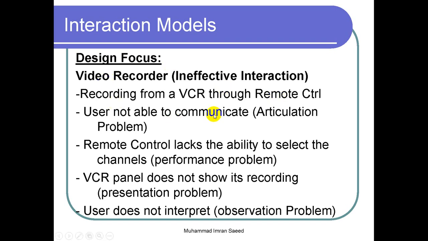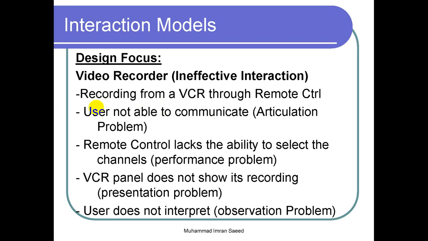Now the user is not able to communicate. He does not know what to do with that particular remote control, or how to use it, or how to start the recording. He has no idea how to do it. That means he cannot articulate. He cannot tell the system what to do. He cannot tell the system to start recording.